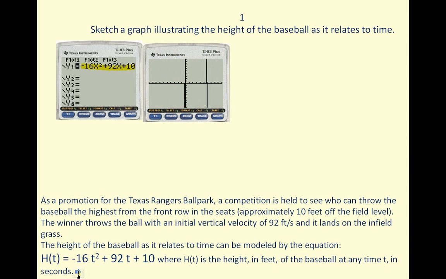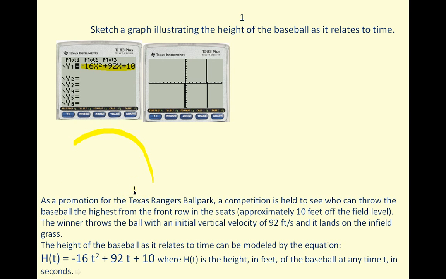Let's proceed. When I push graph, or in my case, I think it was zoom 6, I get this graph. And at first glance, it certainly doesn't really make any sense in the scheme of what's happening. We're supposed to see something that might look like throwing a ball and it reaching the ground.